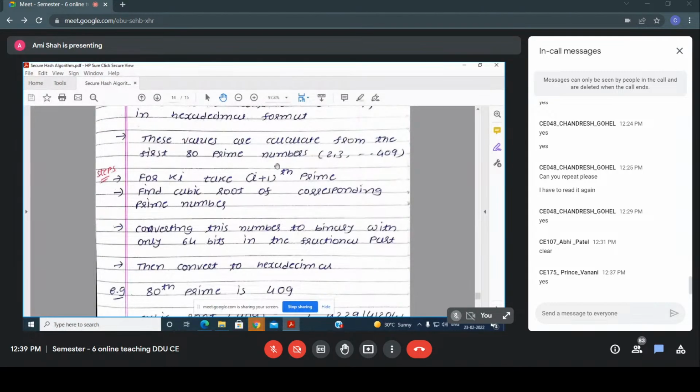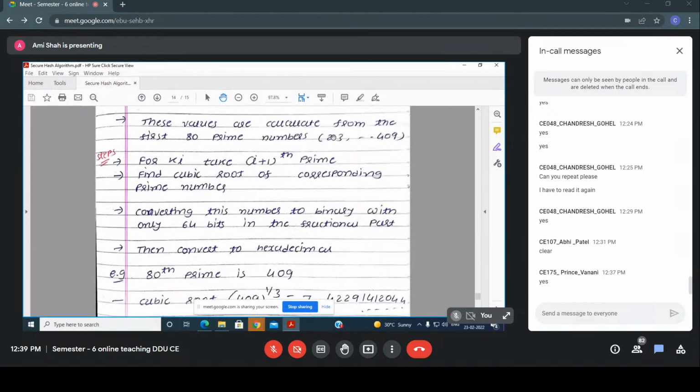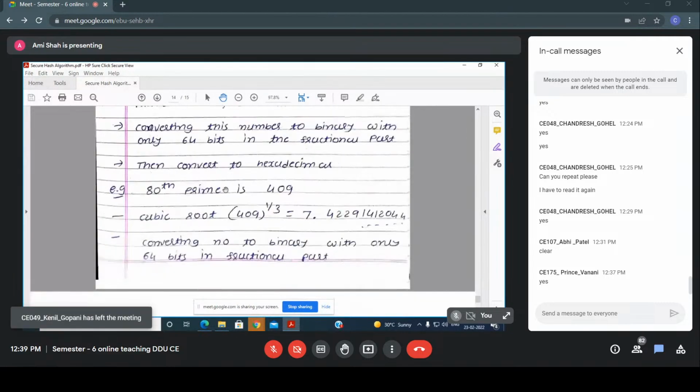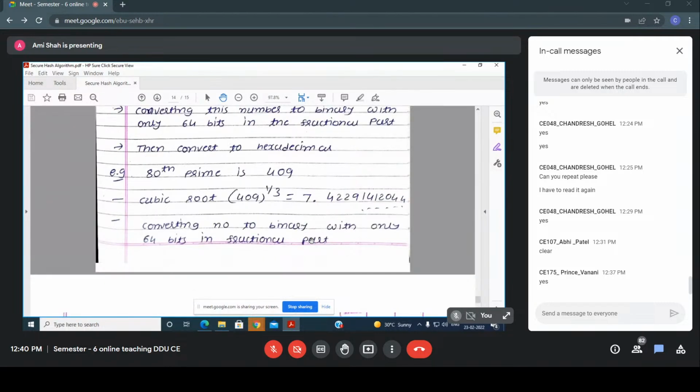Suppose you have to remember all these 80 prime numbers, and I ask you to find the third prime number. For that you first calculate the cube root, then convert to binary, then convert to hexadecimal. You have to remember all this, and in this way calculate the constant.